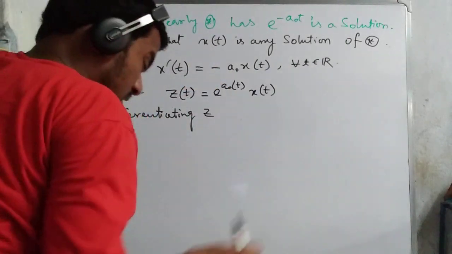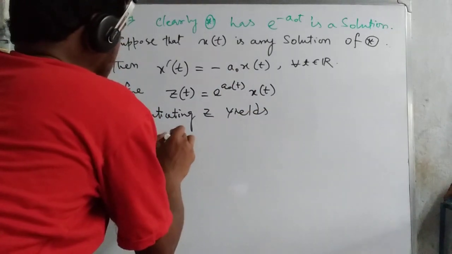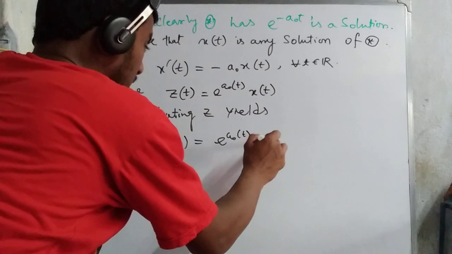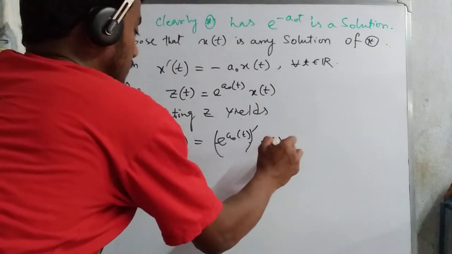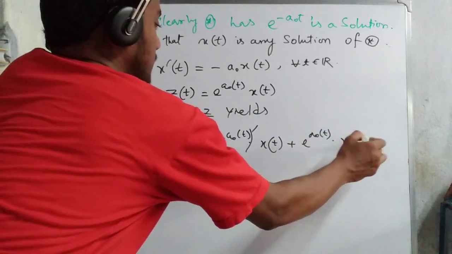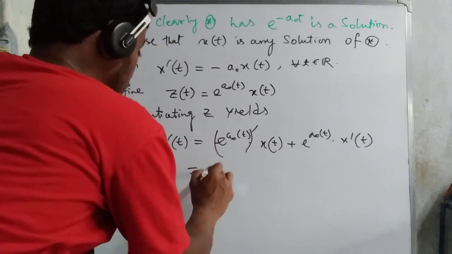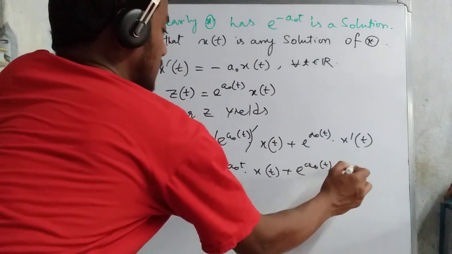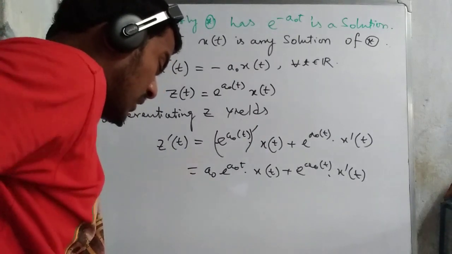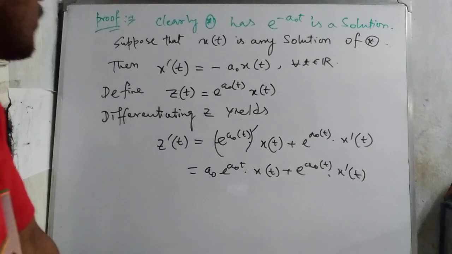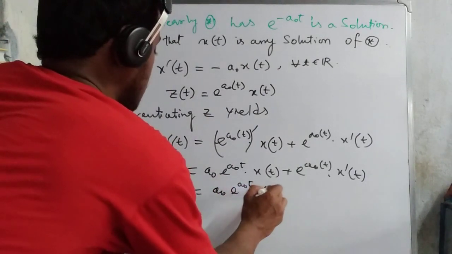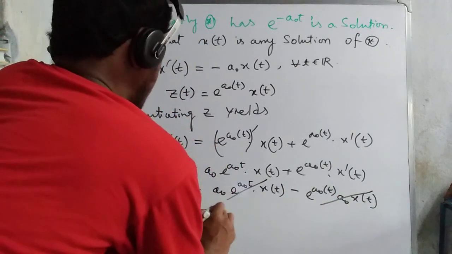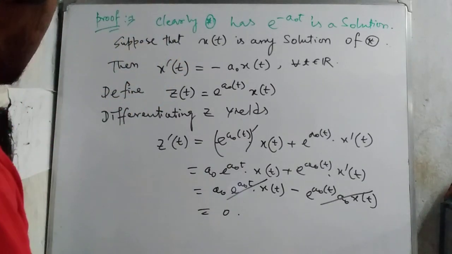Differentiating z gives z'(t) equal to a0 e to the power a0 t x(t) plus e to the power a0 t x'(t). Since x'(t) equals minus a0 x(t), the two terms cancel, the difference equals 0. Not a problem at all. So z'(t) equals 0.